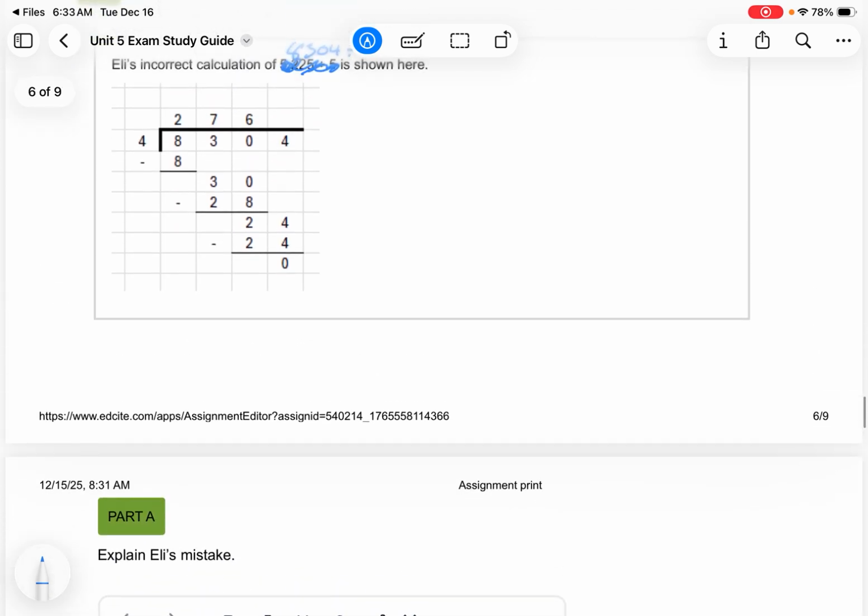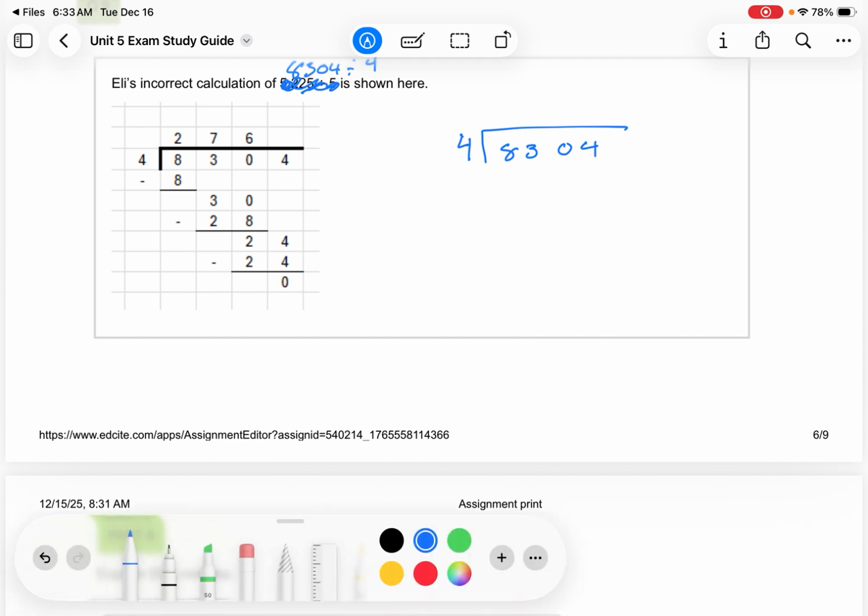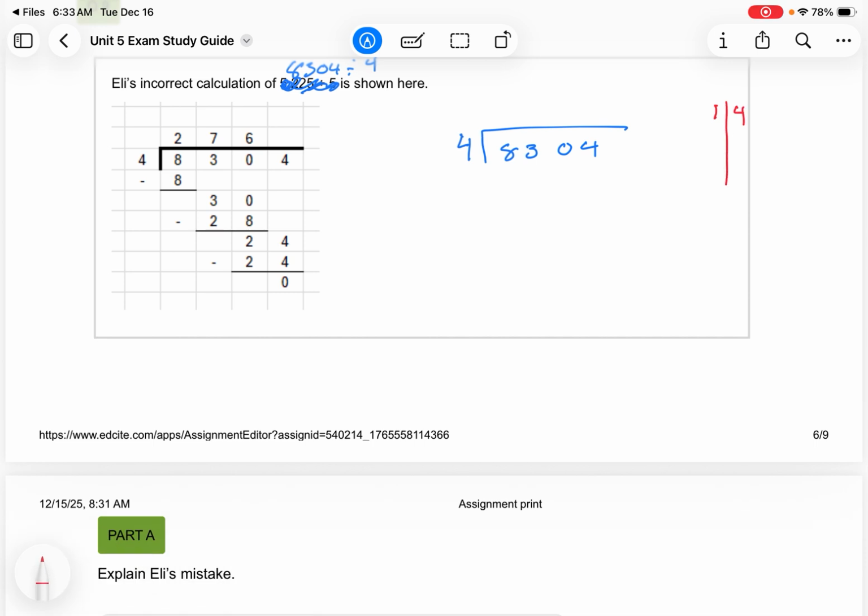Explain Eli's mistake. Well, if we do the division ourselves, 8304. Well, if we go off to the side, let's use red this time. 1 times 4 is 4.